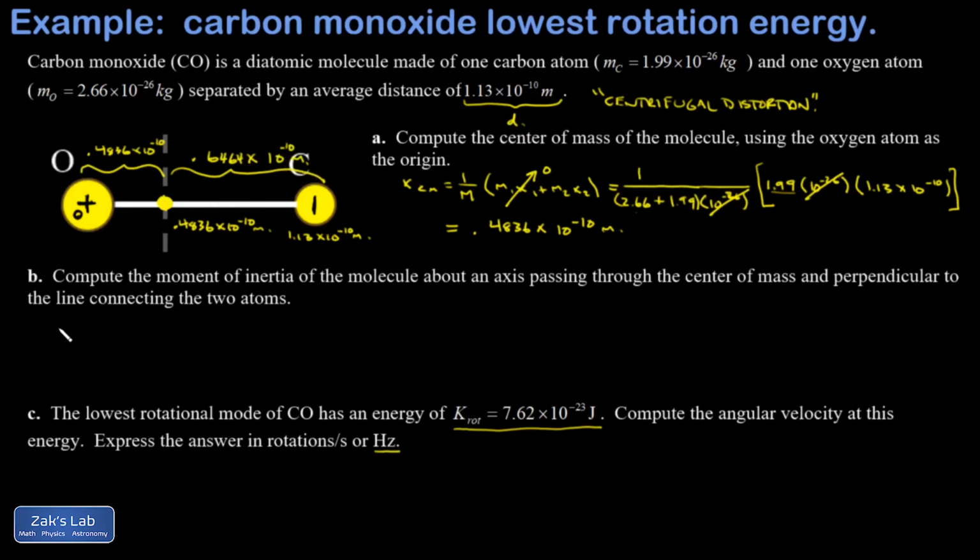Now I'm ready to compute my moment of inertia. So that's the sum of all the masses multiplied by their distance to the center of rotation squared. So I take my oxygen mass, 2.66 times 10 to the negative 26, and I multiply by the distance to the center of rotation, 0.4836 times 10 to the negative 10, all squared.